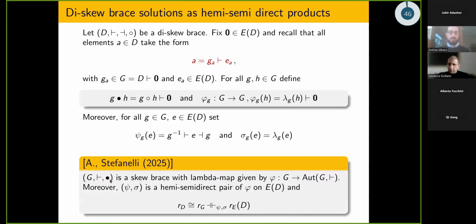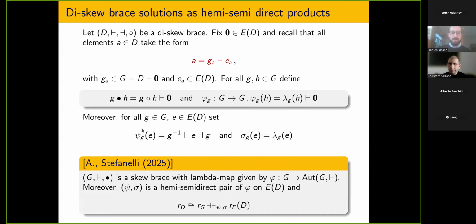Now, what happens is that the triple G with the left bar and the new black circle, so this is the new circle that we are considering, is a sub-skew brace, whose lambda map is given by this shifted lambda map.